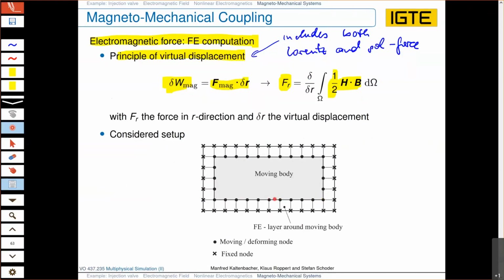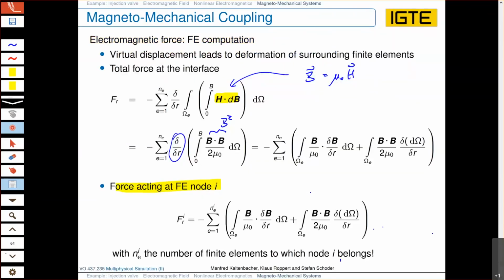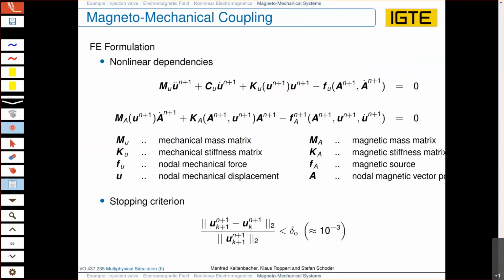Then we look along the edges. Okay, so this is a second possibility, which is also quite accurate because we can express this virtual change of B and the virtual change of omega analytically and then evaluate the whole formula numerically.